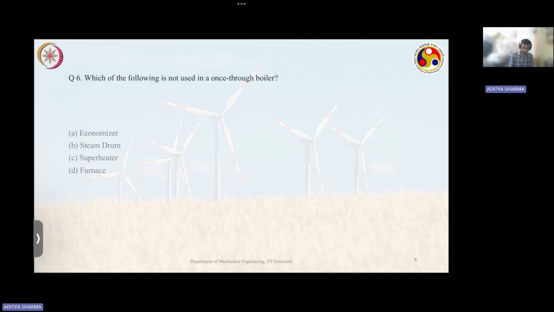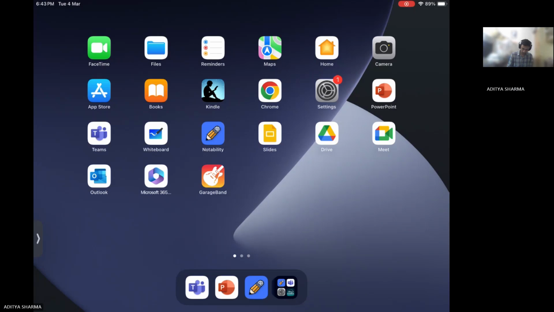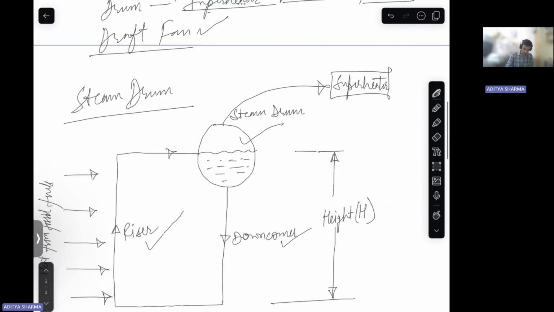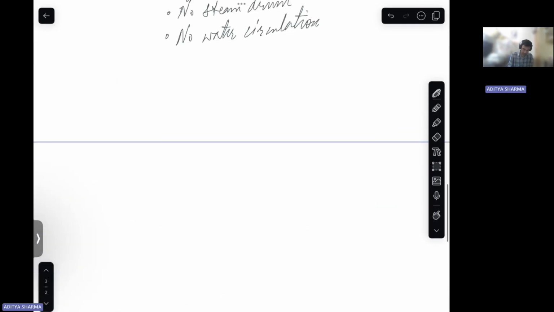I have discussed it 2 or 3 times in this session only. So once through boiler, if you want to draw once through boilers, it is like this.